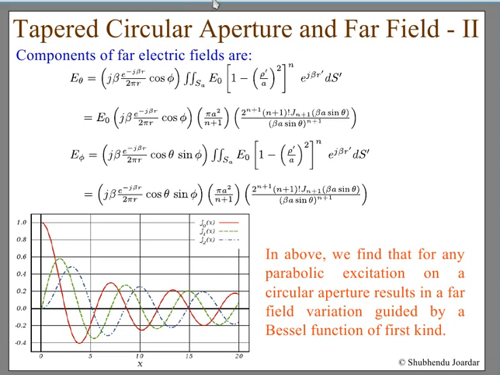Now, this beta A sin theta was there also in the sinc function in the rectangular aperture. Here in the circular aperture, the same thing will appear as Bessel functions.